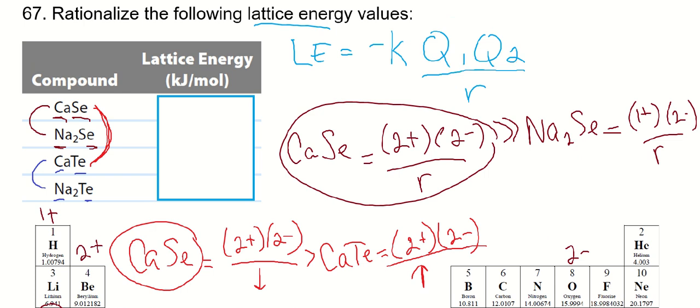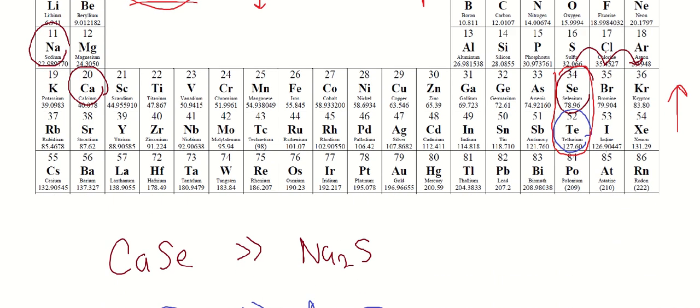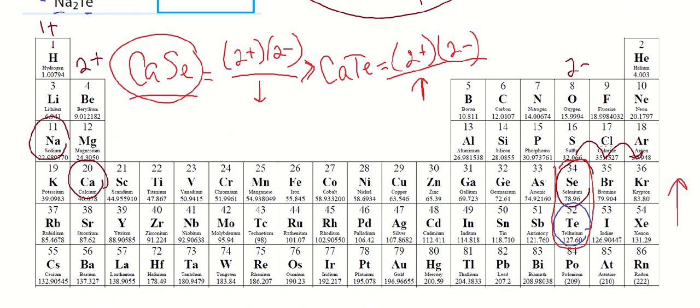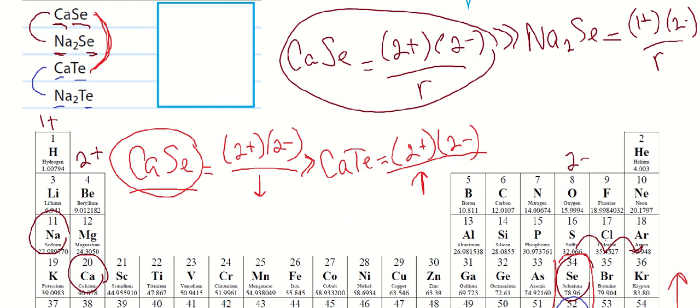So calcium selenide has a greater lattice energy than calcium telluride because of the radius, but not much greater. Let's compare the last two now.